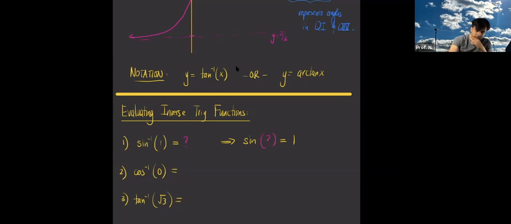What angle? 90 degrees. That's right. And what is 90 degrees as radians? It's pi over 2. So sine inverse of 1 is pi over 2.